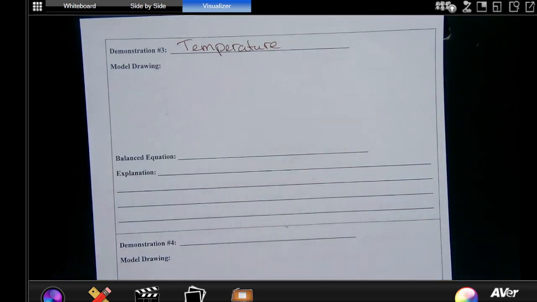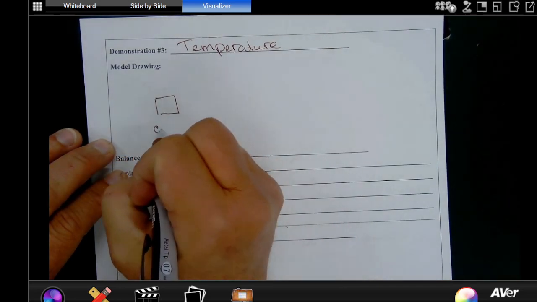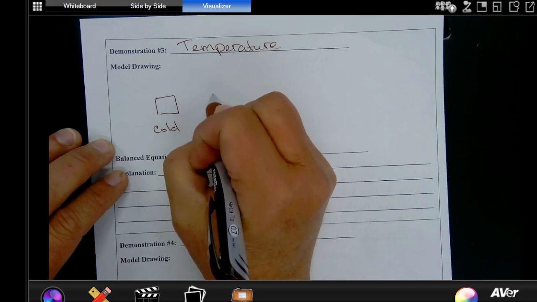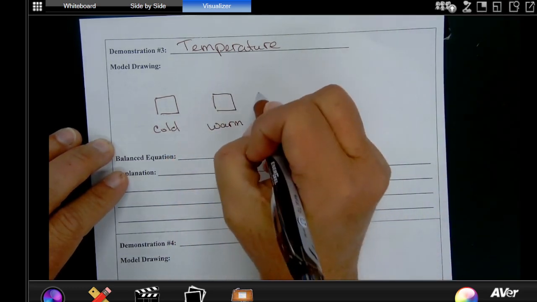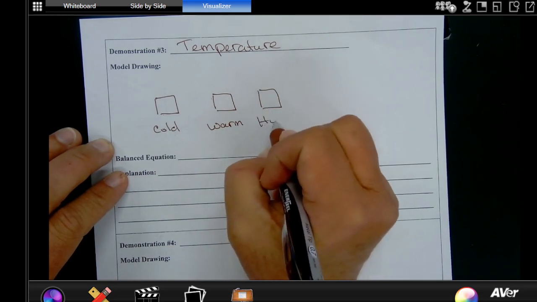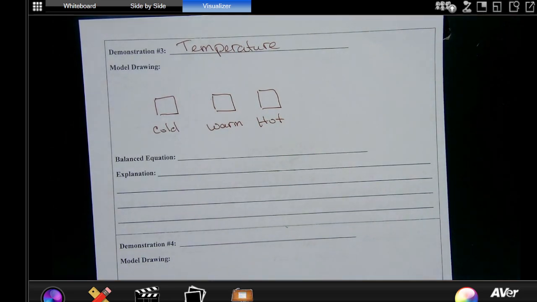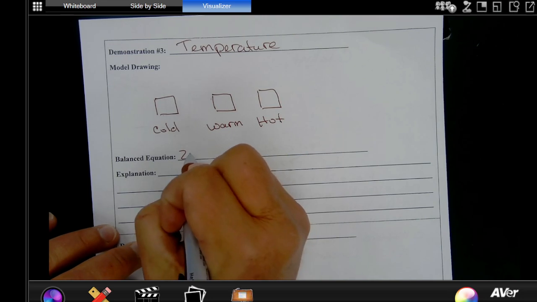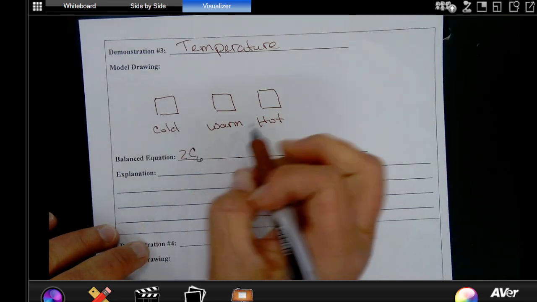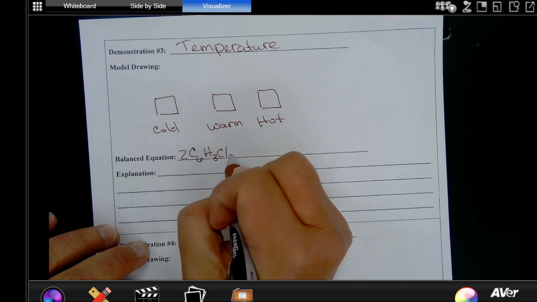And we're going to have our 3 beakers. So we're going to have cold, warm, and hot. The balanced equation for a glow stick is 2 moles of C6H3Cl3O2.